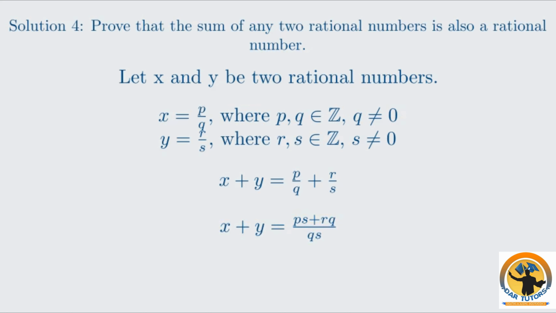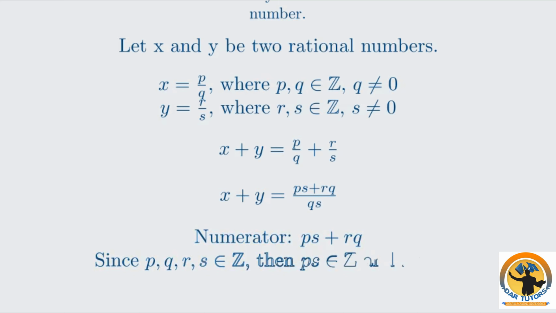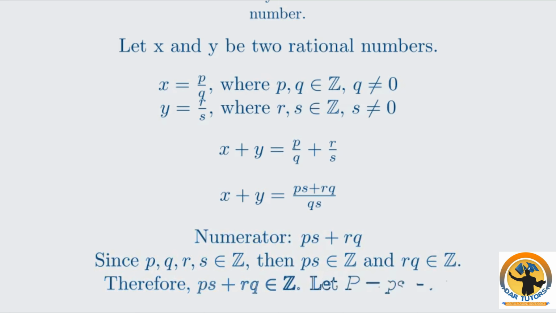Now, we need to show that this result is also a rational number. This means we need to show that the numerator is an integer and the denominator is a non-zero integer. Since p, q, r, and s are all integers, their products ps and rq are integers. The sum of two integers, ps plus rq, is also an integer. Let's call it p.